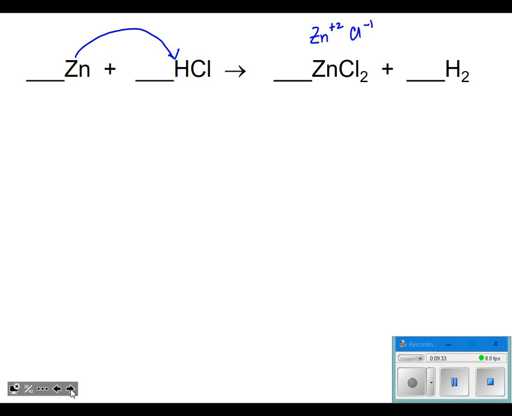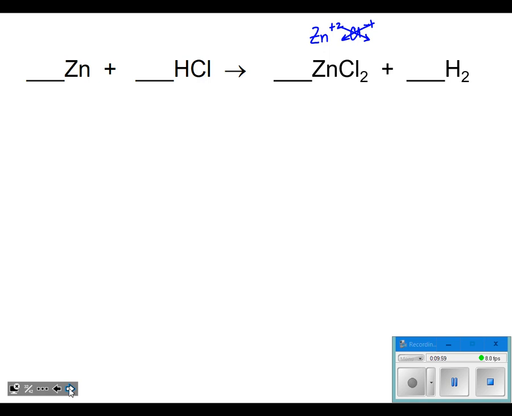Chlorine is negative 1. So we crisscross those down, and that's how we create that compound there. And then hydrogen is a diatomic, so it has to have the H2 when it's by itself. We don't ever worry about what the subscripts are on the reactant side for the subscripts on the product side. The subscripts on the product side are created according to diatomics and formula writing rules.